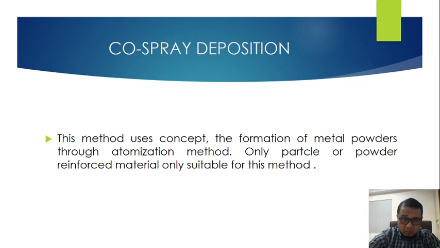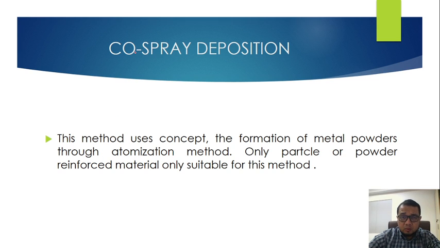First, we will see what cold spray deposition is. This method uses the concept of forming metal powder through the atomization method. Only particles or powder reinforced material are suitable for this method.